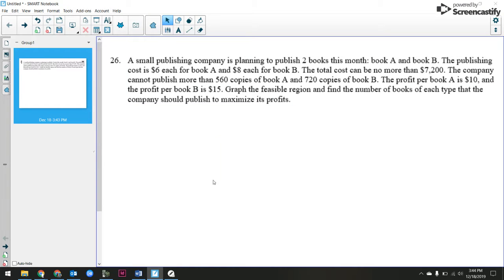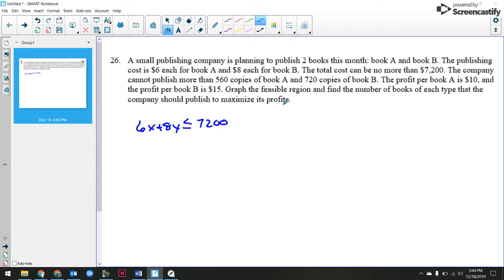Okay, so a small publishing company is planning to publish 2 books this month, Book A and Book B. So there are our 2 unknowns, x and y. The publishing cost is $6 for Book A and $8 for Book B, and it needs to stay under $7,200. So 6x plus 8y has to be less than or equal to 7,200.